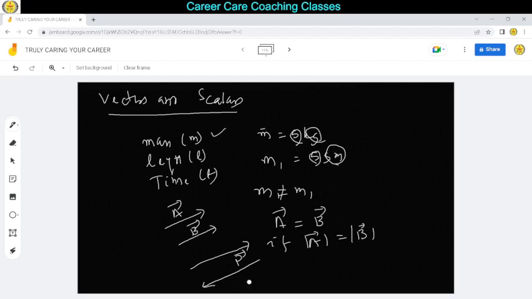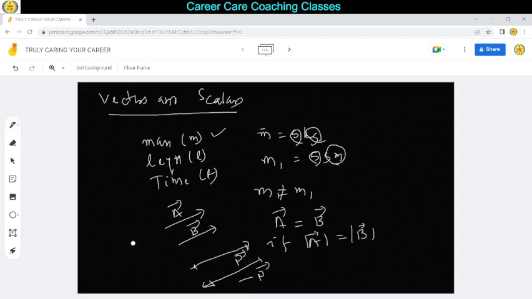Negative vector, that is minus P. This is P and this is minus P. So negative vector P is equal to minus P. Only the magnitude remains constant, only the direction changes. So the negative vector of a vector is nothing but the vector whose magnitude remains the same but direction is reversed.